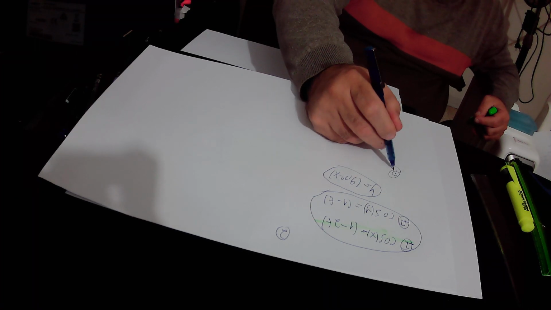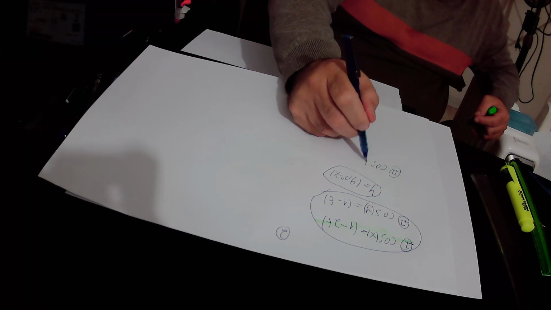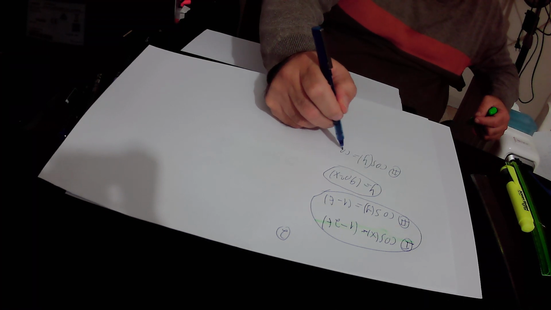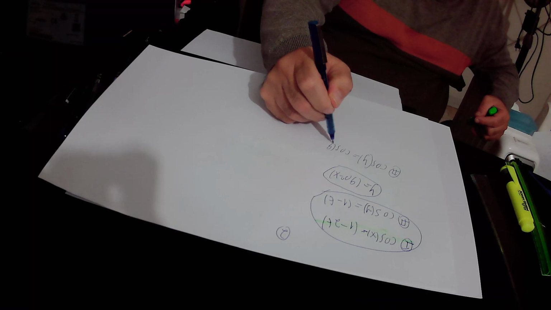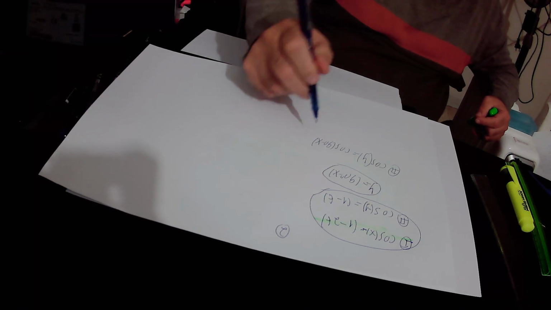And we get that cosine y is cosine of 90 degrees minus x. We substitute 90 degrees minus x by y.